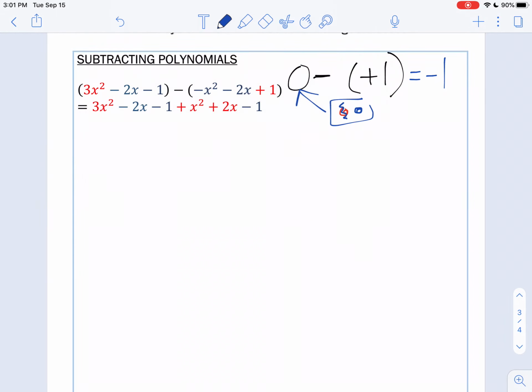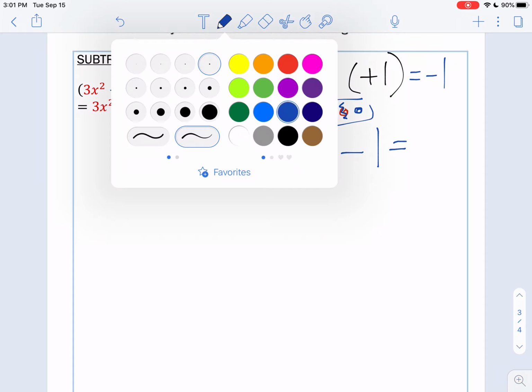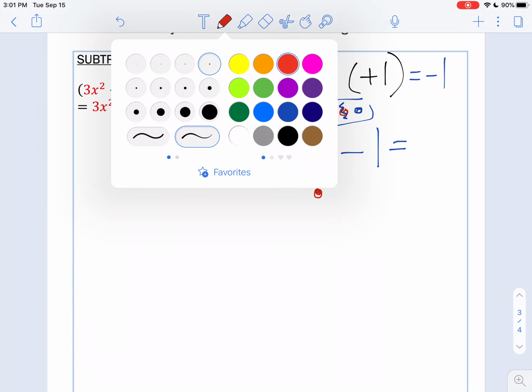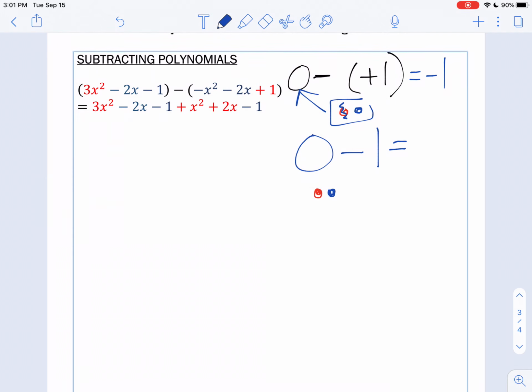Likewise, if I had 0 minus 1, I have 0 and I'm going to remove 1 from 0. So if I have that set up, I'm going to have to take away 1. So I need a positive 1, but I'm starting with 0, so I'm going to need a negative 1 as well.